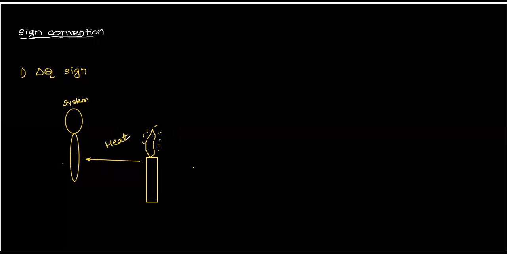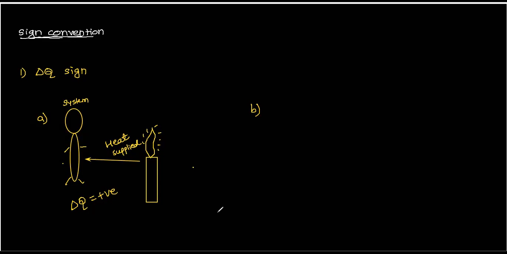Heat supplied means delta Q is positive. You have supplied heat to the system, then the delta Q sign is positive. This is case A.